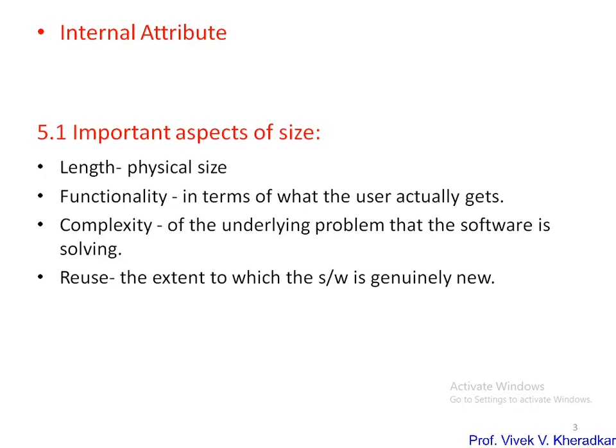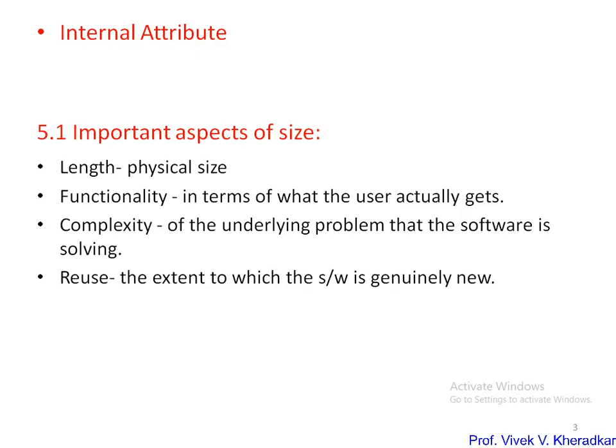The second is functionality, which is measured in terms of what the user actually gets. Another aspect is the complexity of the underlying problem the software is solving, and another is reuse, which represents the extent to which the software is genuinely new.